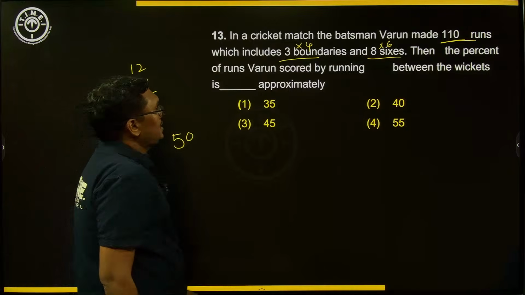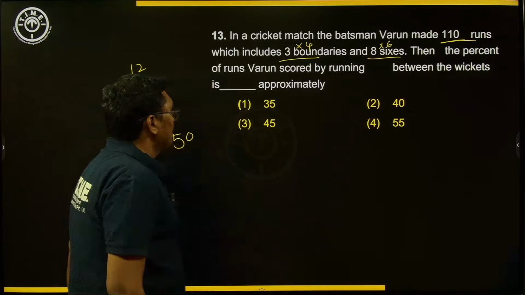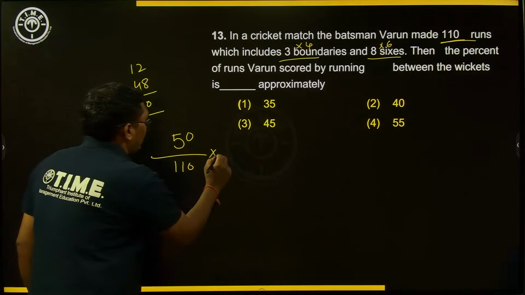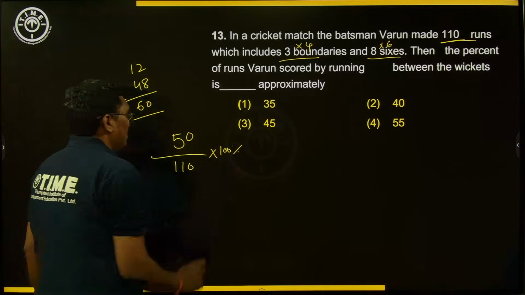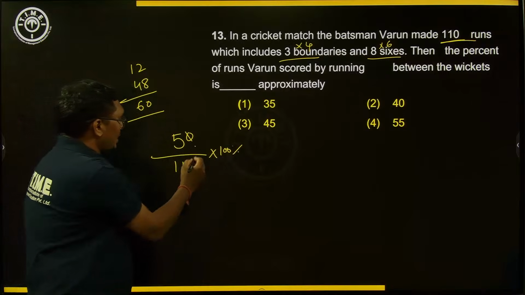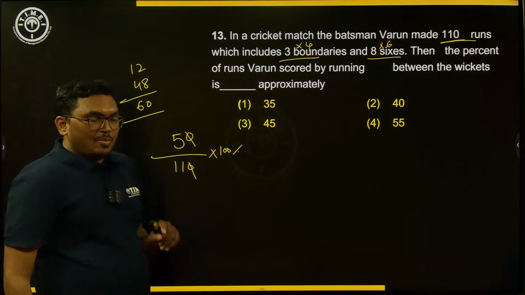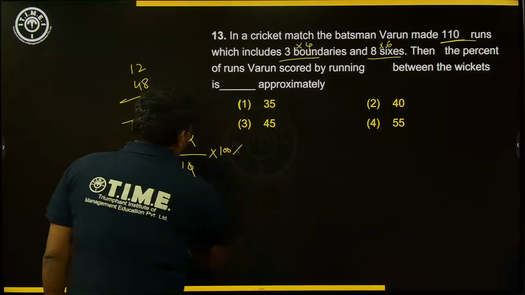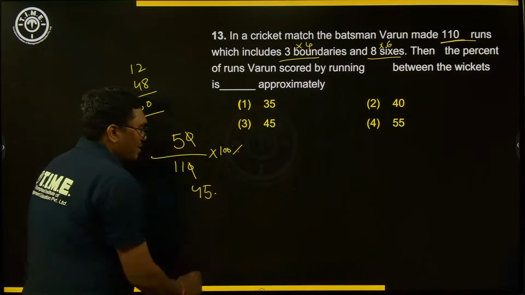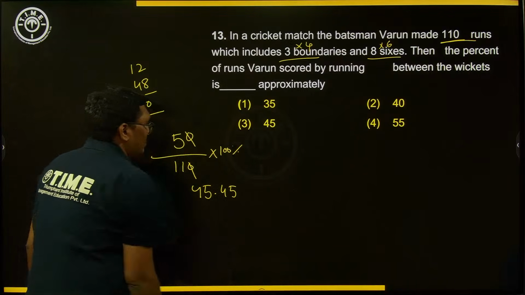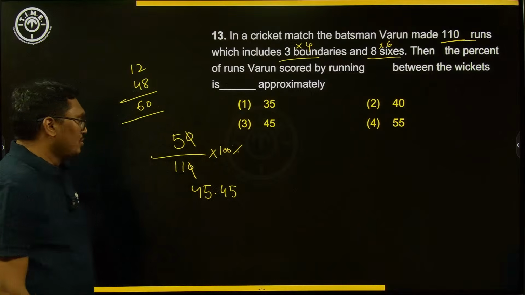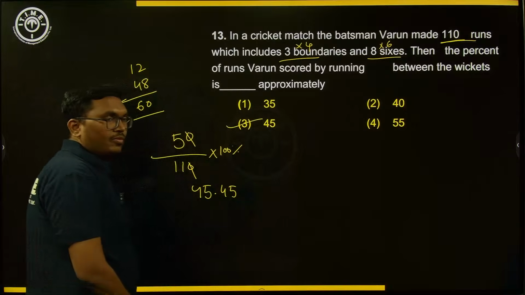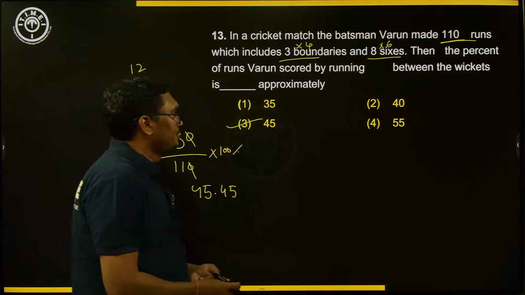So 50 runs is what percentage of total runs? That means 50 is what percent of 110? So into 100%. So the 0s get cancelled. 5 by 11. 5 by 11 is what? This is 45.45. So we have to find the approximate value. So the nearest value is choice 3, 45, right?